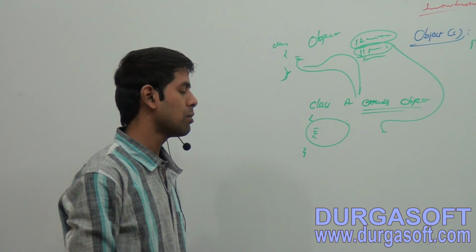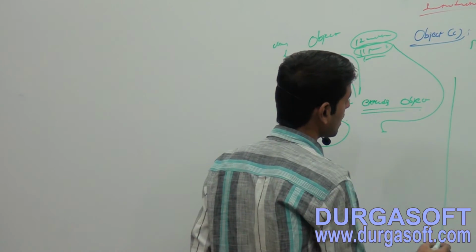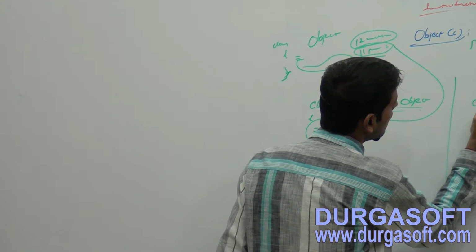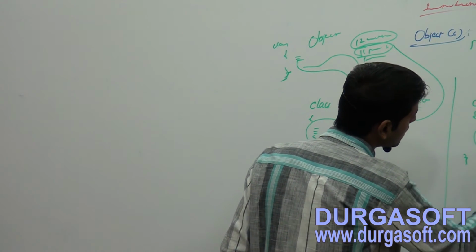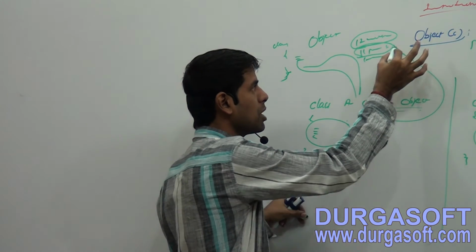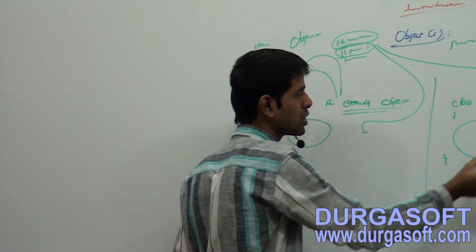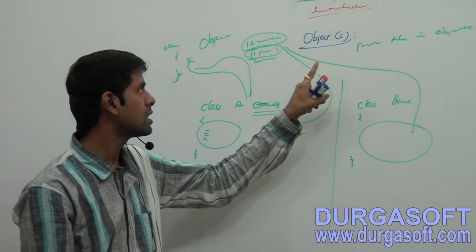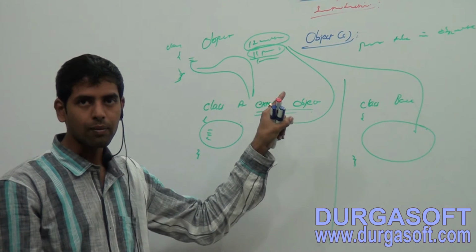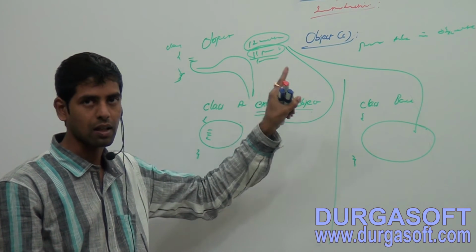Observe here what Sun Microsystems has done. Class Base, class Getting, and even this class require some of the implementations of the Object class, and they have put all those implementations in the form of methods within the Object class.